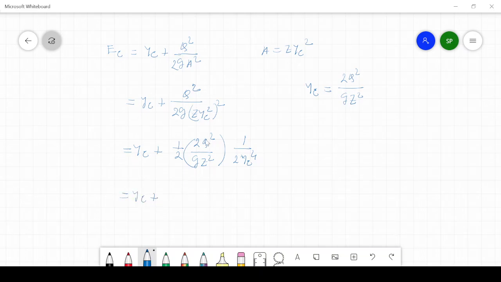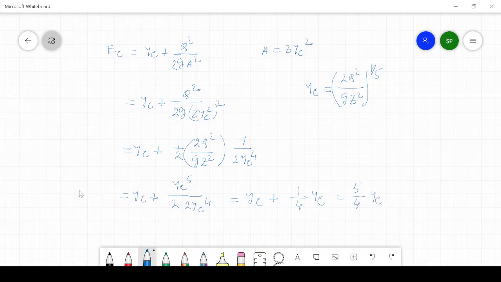yc plus, this is equal to what? Your yc ultimately yc by 2, this is yc to the power, this is 1 to the power 5, so this is equal to 5 by 2 yc 4, so this is equal to yc plus 1 by 4 yc, so this is equal to 5 by 4 yc.